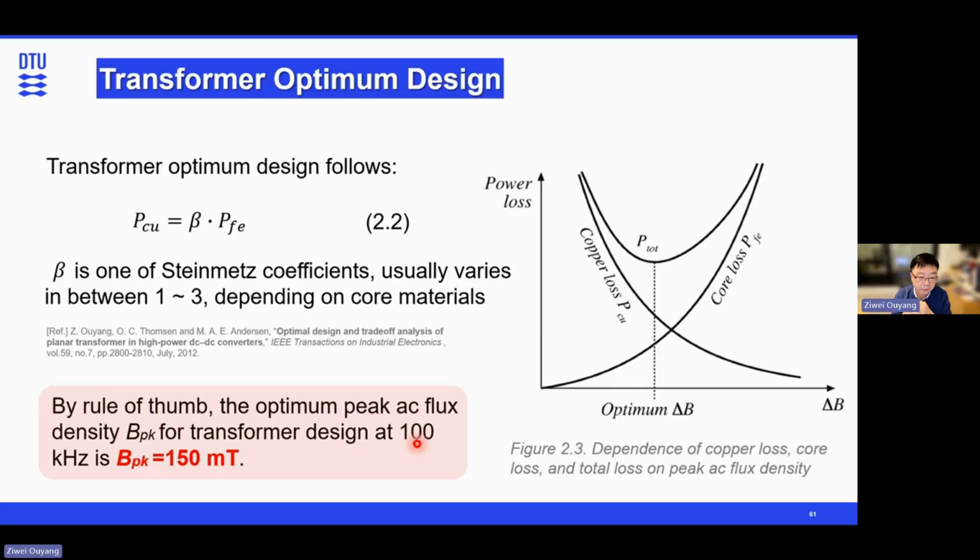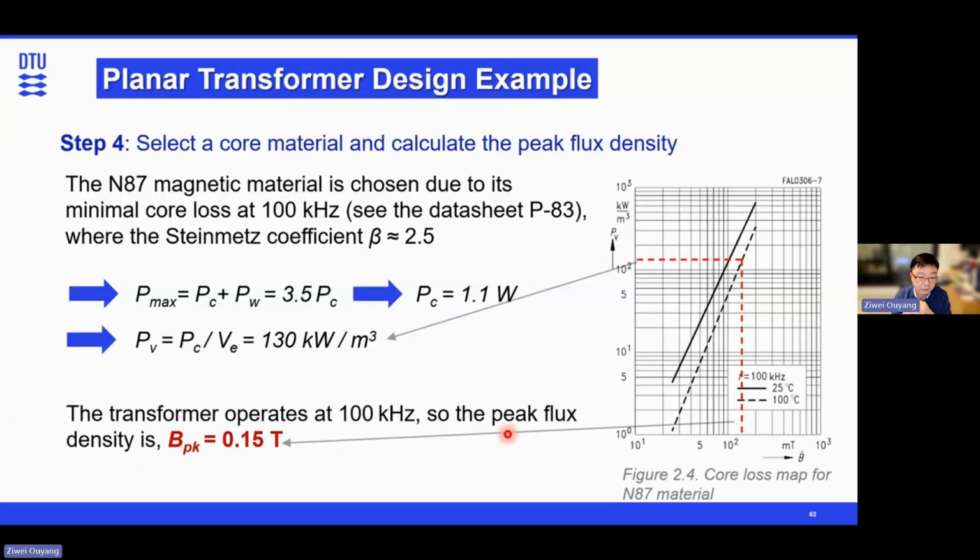So step 4: we're going to select the core material and calculate the peak flux density. When we select the core material, we compare the core loss from the data sheet. Around 100 kilohertz, we have several choices, for example N87, N27, N67, and N97.